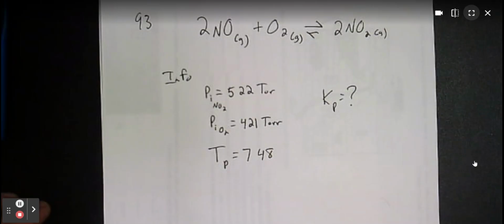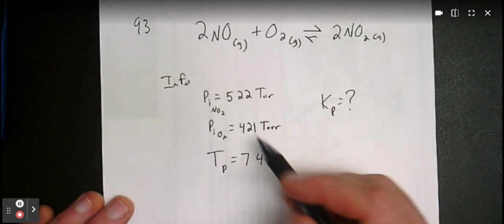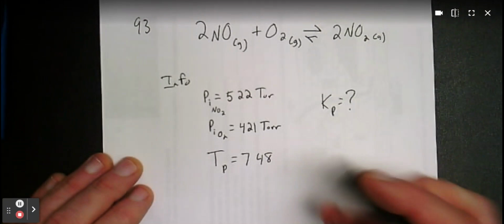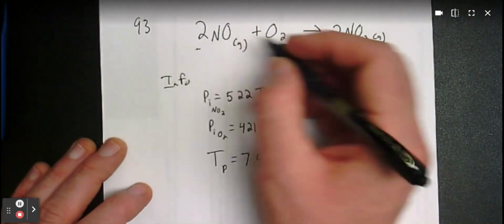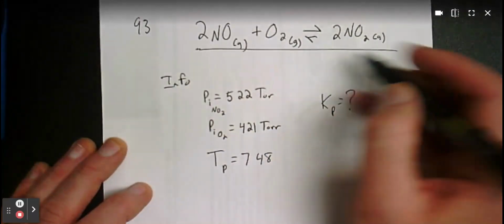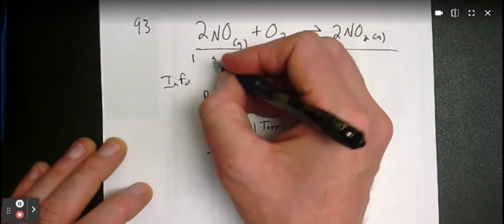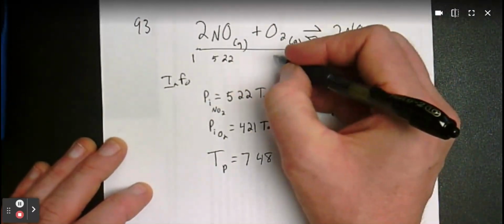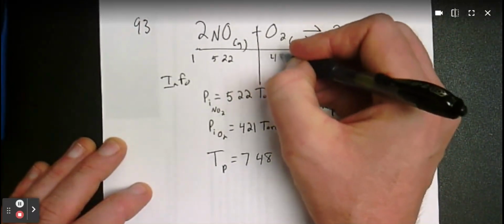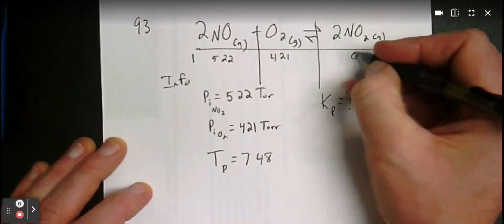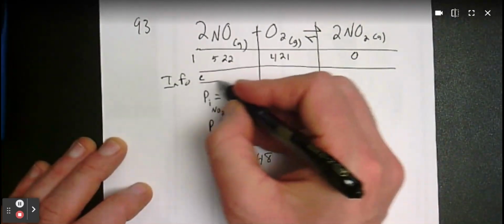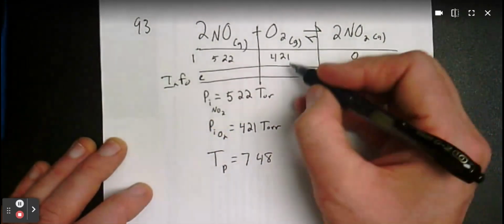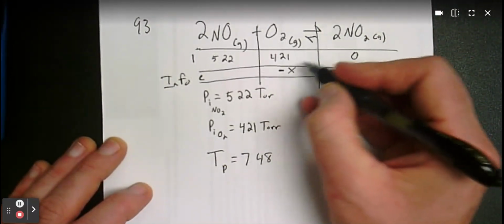Okay, I've got my information. Now I'm going to switch to this. So here's my equation, here's my initial information. I'm going to set up an ICE table. My initial, I've got 522, 421, and none of this. My change, this is going to go down by negative x.